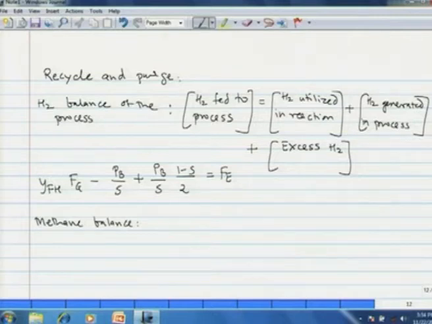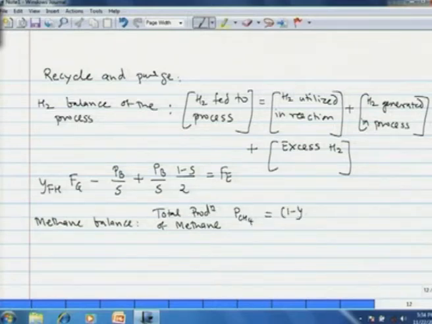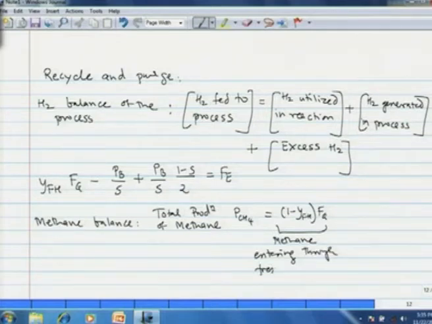Now, with this guideline, we can write the total production of methane, that we denote as PCH4, is equal to (1 minus YFH) into Fg, which is the methane entering through the fresh gas stream, and then the methane that is generated in the process, Pb by S. Okay.